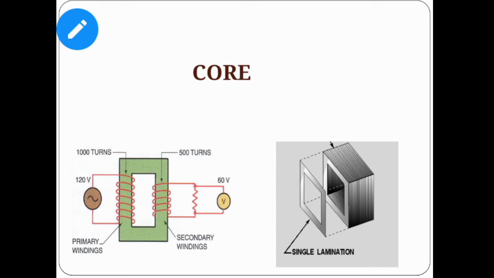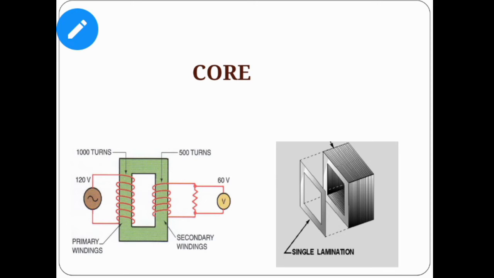Next, we add 4 to 5% silica to this material. Why do we add 4 to 5% silica? To reduce the eddy current losses. To reduce eddy current losses we also use laminations, and in the next slide I will discuss the meaning of laminations.